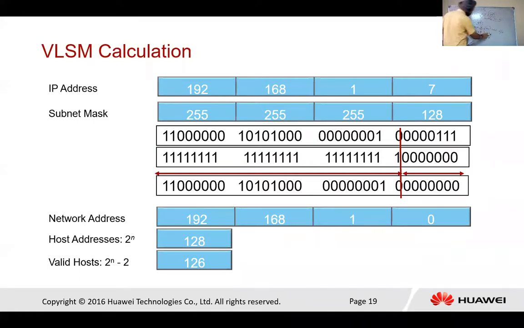Sorry, from 1 to 126. 1 to 126 are the valid IDs, the valid IP addresses.